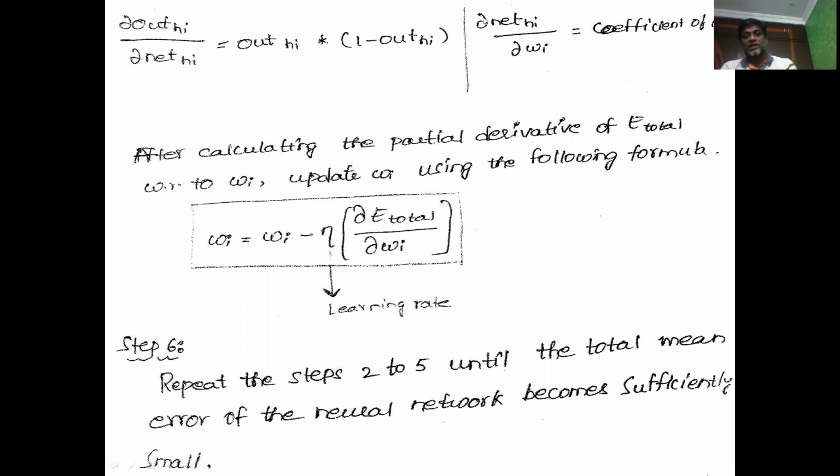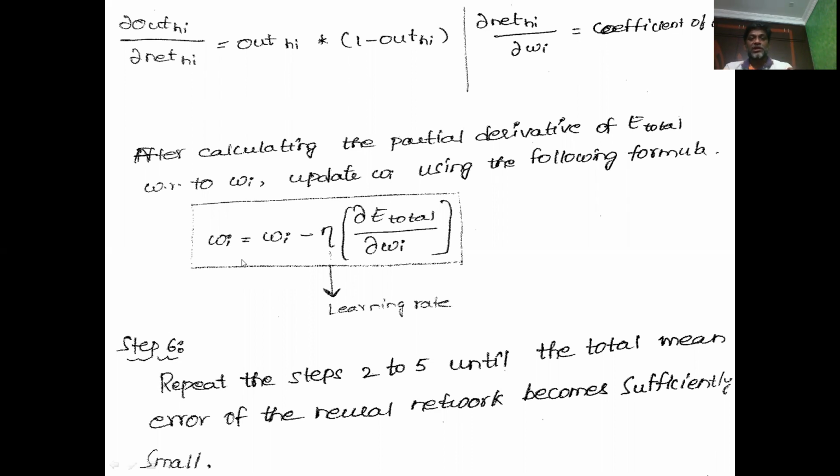And then the last term, ∂net_Hi/∂Wi, is calculated as the coefficient of Wi in this net_Hi. It's a simple formula to calculate ∂net_Hi/∂Wi. Once we are ready with all these values, we can use this formula to update the weight Wi.